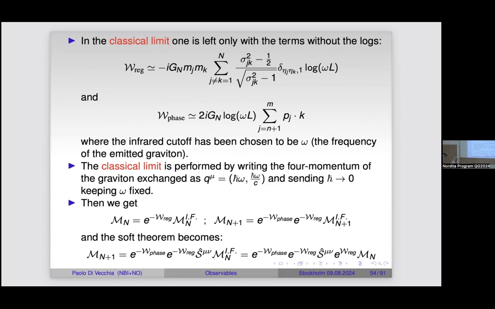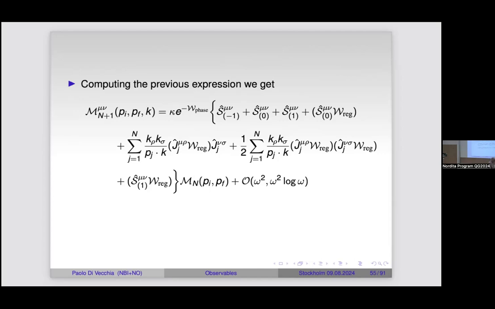At the end, you have the amplitude with n plus 1 gravitons in terms of the amplitude without a graviton, in terms of the soft factor, and these terms which come from the loop correction. So this is the way that the soft theorem is changed, going from the tree level to the loop level.